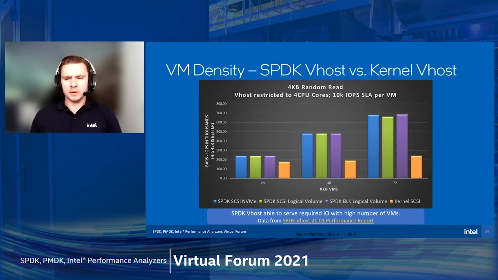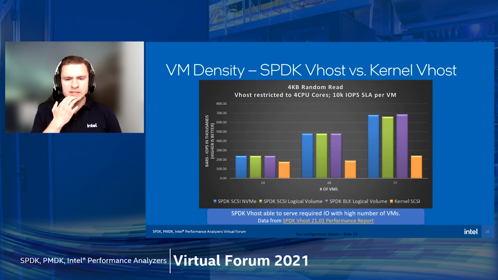A couple of slides back, I've also mentioned a VM density test. For this test, we run the vhost process restricted with just 4 CPU cores and a number of VMs, each with SLA set for its IOPS at 10,000.